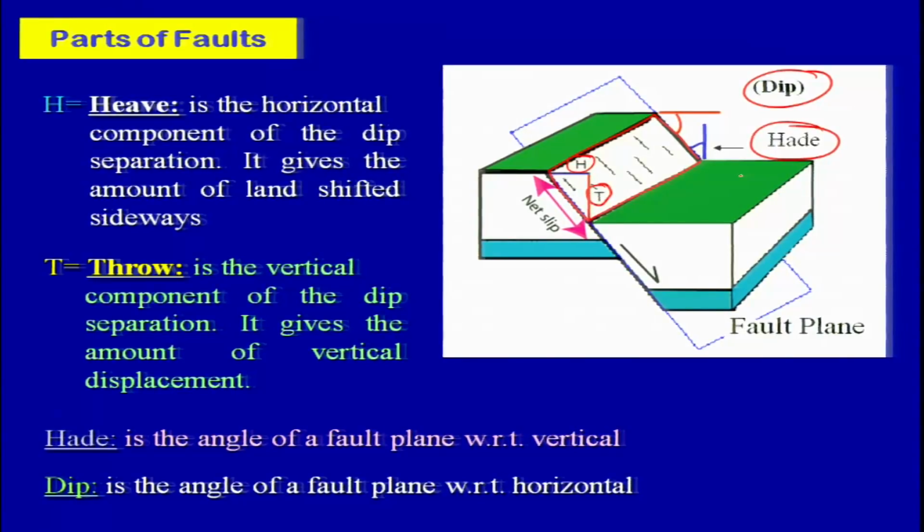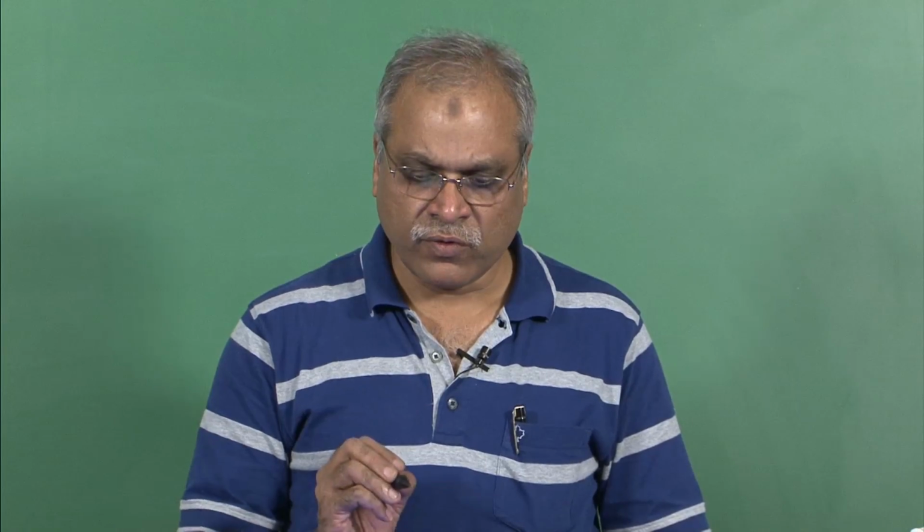Okay, fine. The dip is extremely important. The displacement, that is the sense of movement, is extremely important, okay, because these are the information which you will have to put in your report.